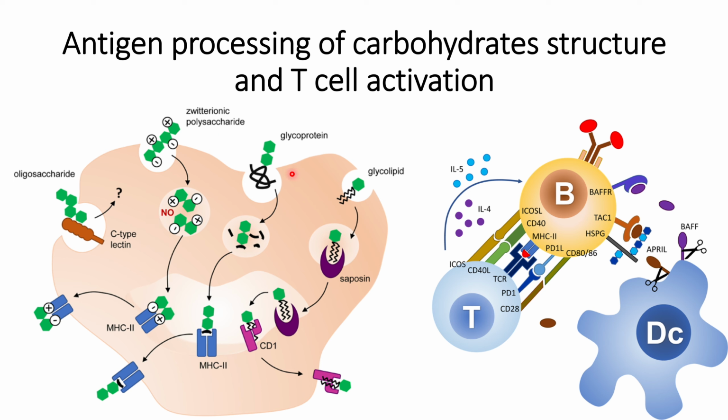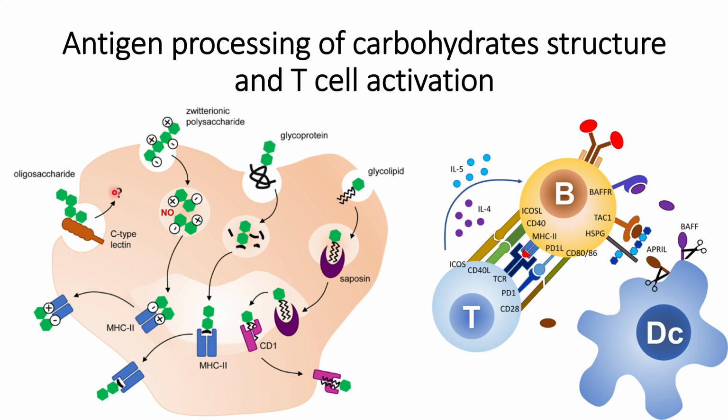However, its mechanism is different from glycoproteins. Glycoproteins come in by endocytosis, while zwitterionic polysaccharides come with the help of nitric oxide, which helps in moving those polysaccharides within the cells, and the major histocompatibility complex expresses them on the cell surface membrane.